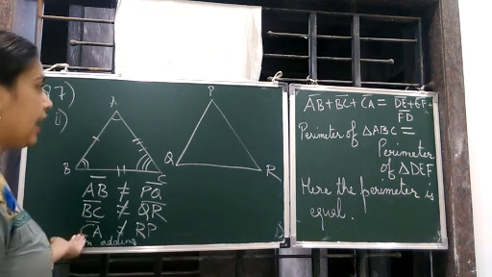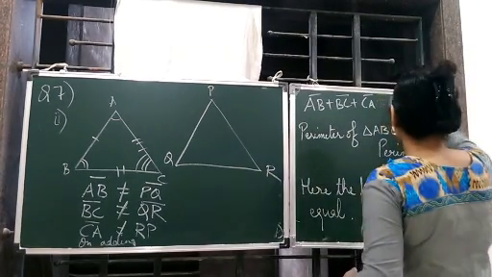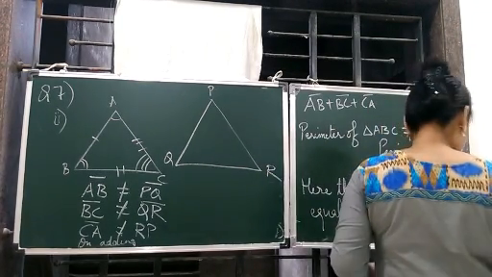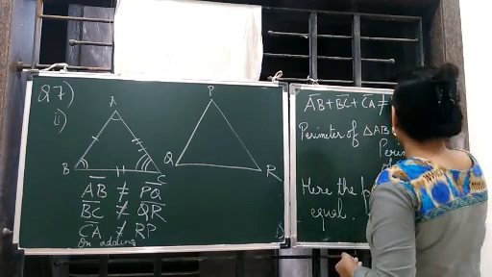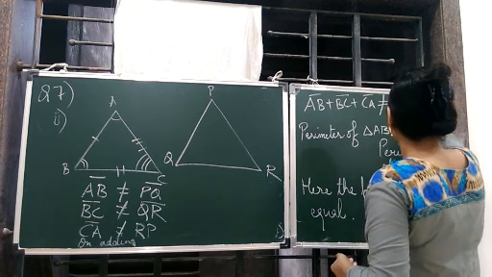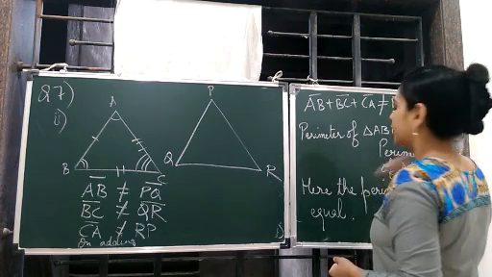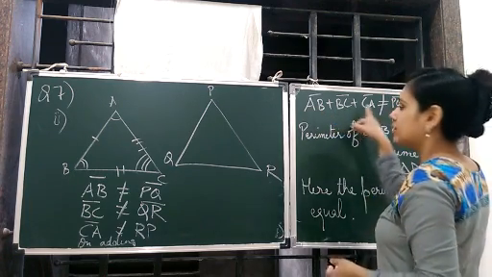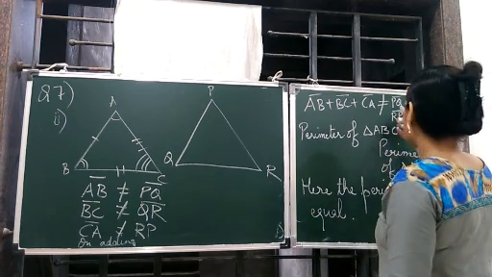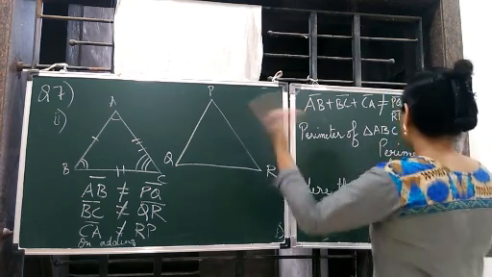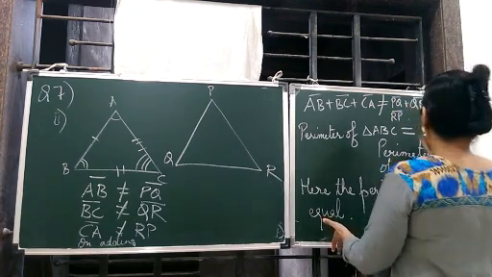Now again if we add AB plus BC plus CA, let's see what happens. AB plus BC plus CA is not equal to PQ plus QR plus RP. AB plus BC plus CA is again the perimeter of triangle ABC, and PQ plus QR plus RP is the perimeter of triangle PQR.